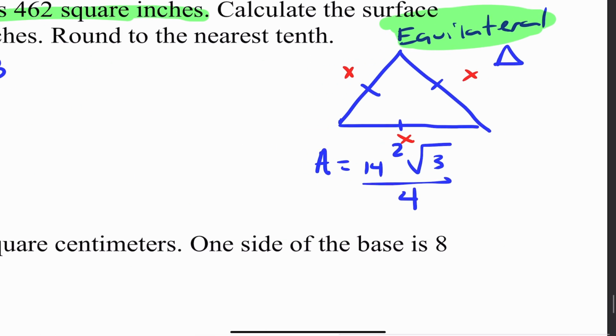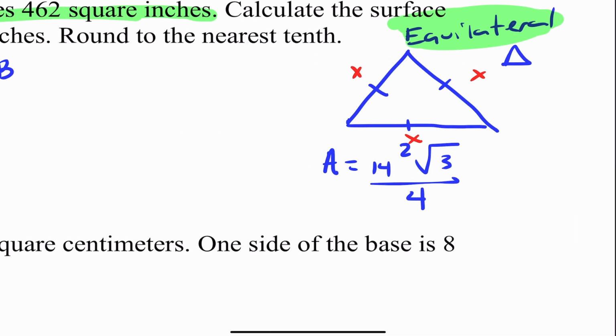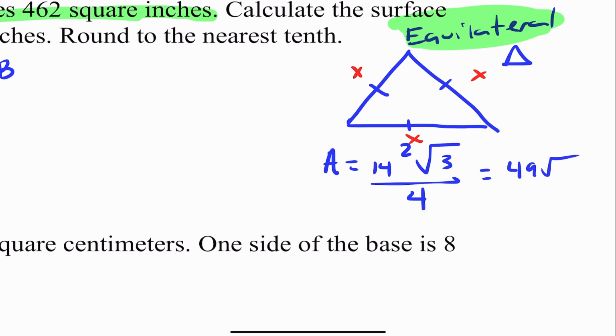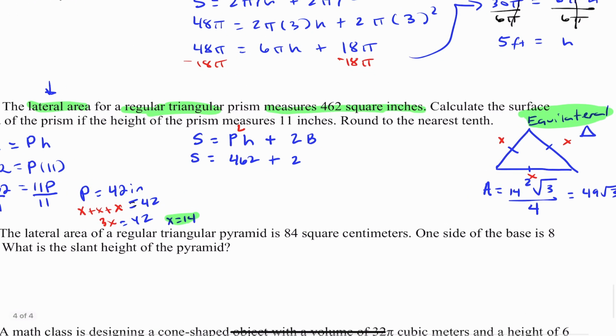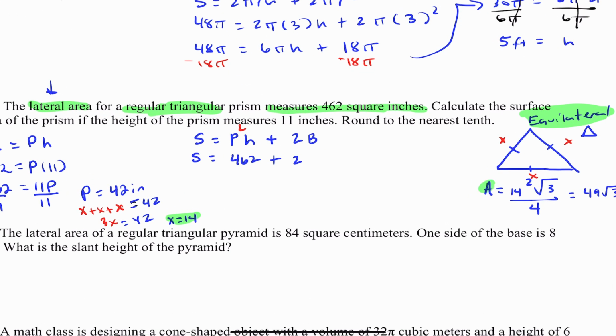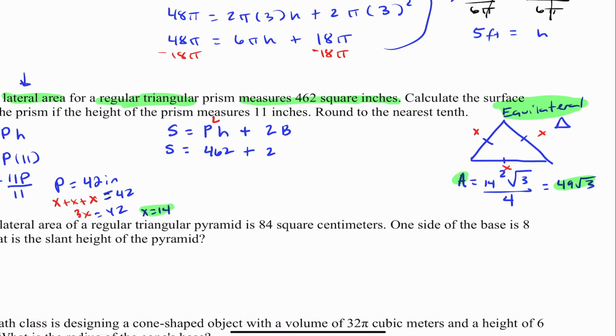And that is going to give you, so what's 14 squared? So 14 squared is 196, and you divide that by 4, that should give you 49 root 3, okay? So that is the area of your base. So S equals 462 plus 2 times 49 root 3.